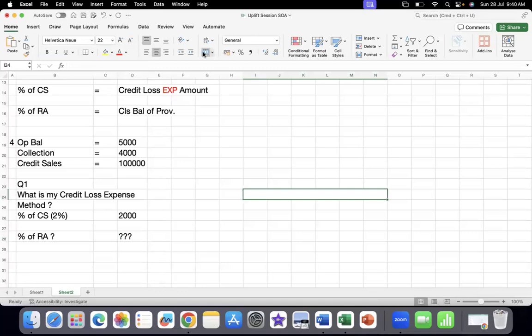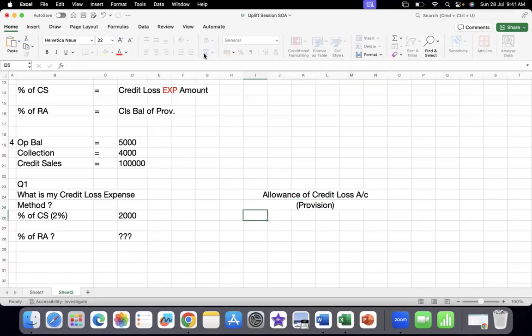For that, what you need to do is draw, in your rough copy or somewhere in your workings, a credit loss allowance account, an allowance for credit loss account. In layman language, or in our 10th, 12th BCom, we also call it a provision account, if you just want to make things comparable.